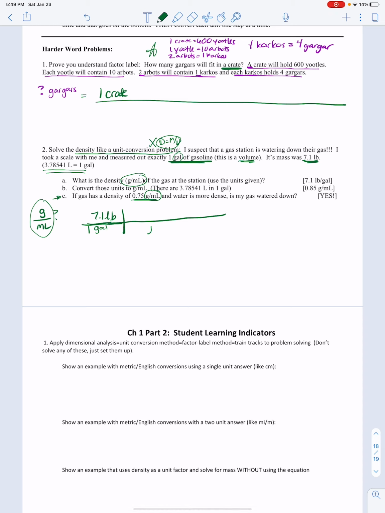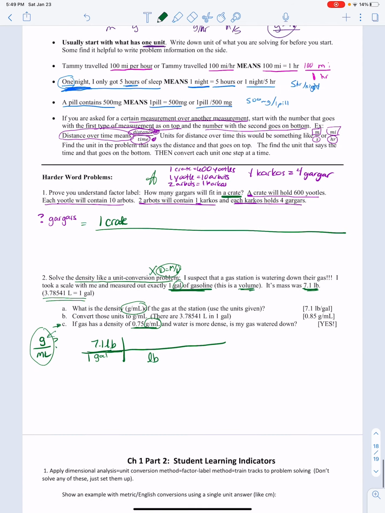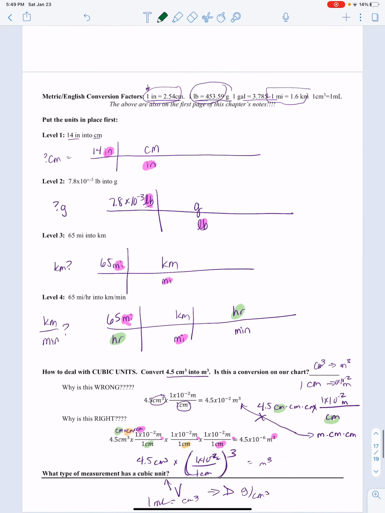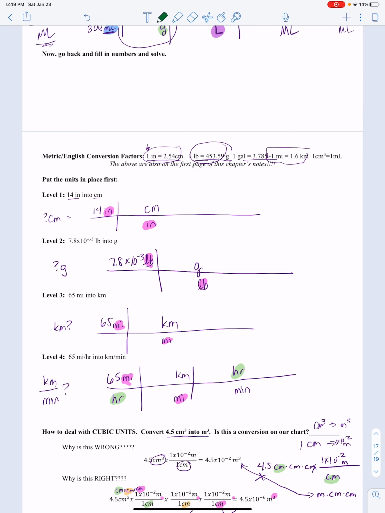So I automatically put that down diagonal like that. And then I go ahead and convert it. I look up there because I know I need that pounds to be a different value. Where is it? Oh, wait a second. It was up here in some of these other problems. All right, so here it is, a pound.